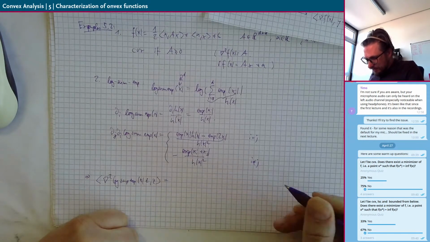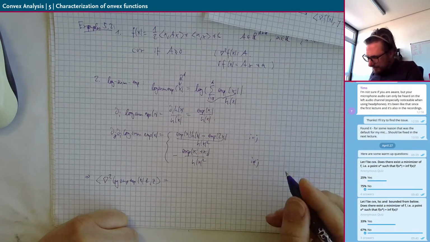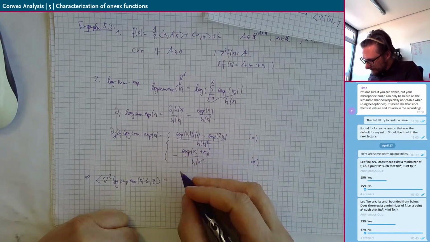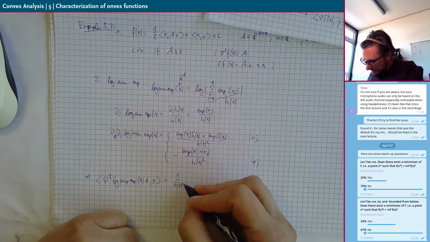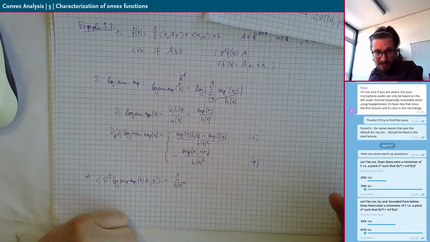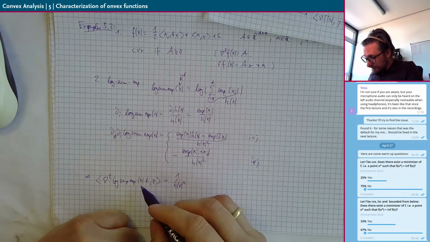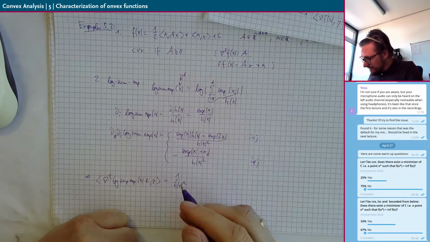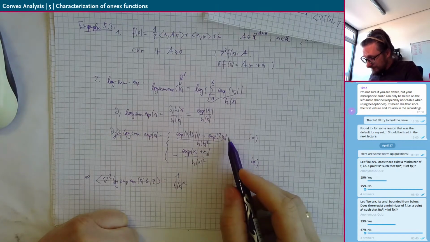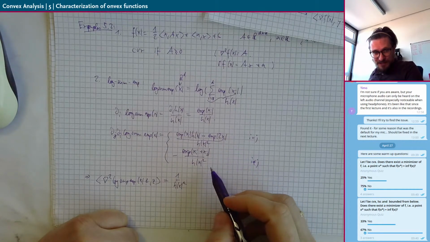Then it's not totally difficult to calculate that. First, we can get one factor of 1 over h of x squared out, and this is nice because it's non-negative no matter what x. And if we write out what happens with the inner product, multiplying by z and by z, it's basically multiplying by zi squared or zi times zj.